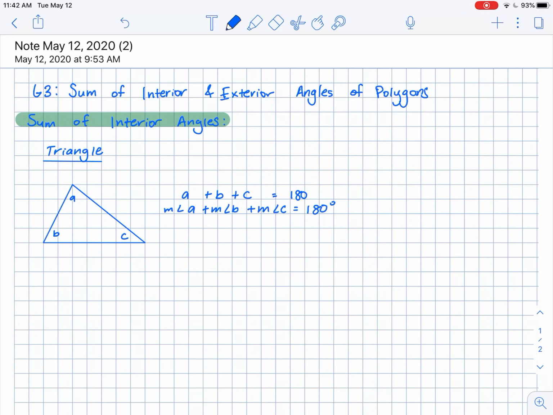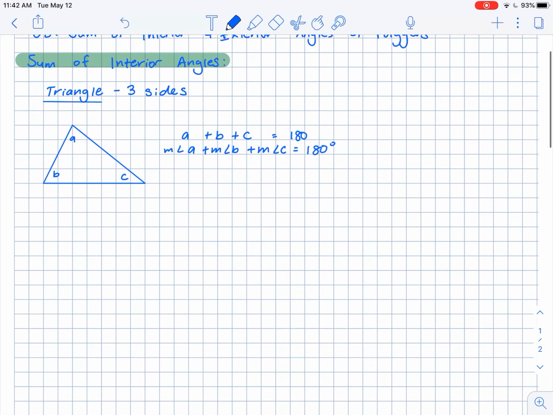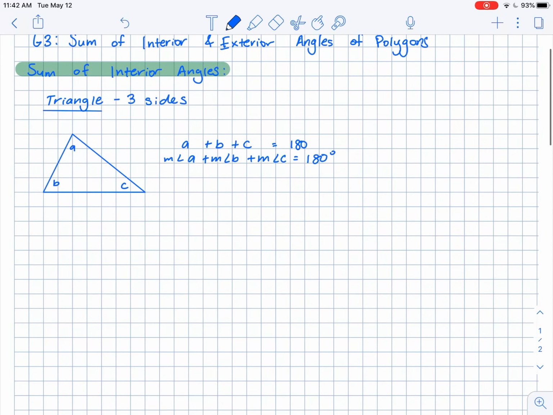We're going to use this to help us look at other shapes. Also, remember, triangle, three sides. Next shape, quadrilateral.